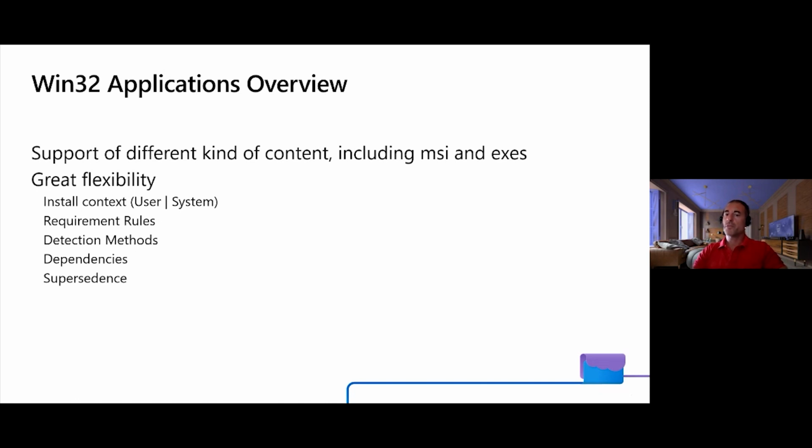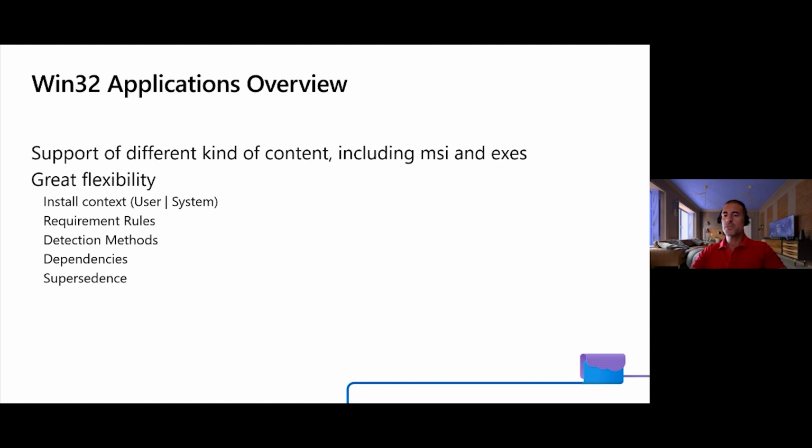To deliver Win32 apps with the level of flexibility that it offers, we deploy an agent, and this agent is called Intune Management Extension. It is important to note that you don't need to deploy this Intune Management Extension, so the agent will get automatically installed when the first Win32 application is deployed onto the device. So the very first thing that will be done onto the device once it receives the application deployment will be installing the Intune Management Extension.